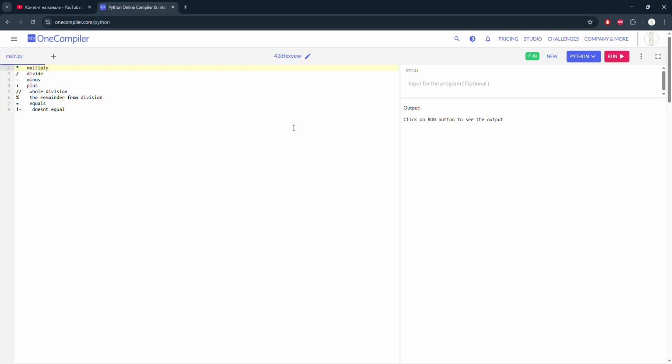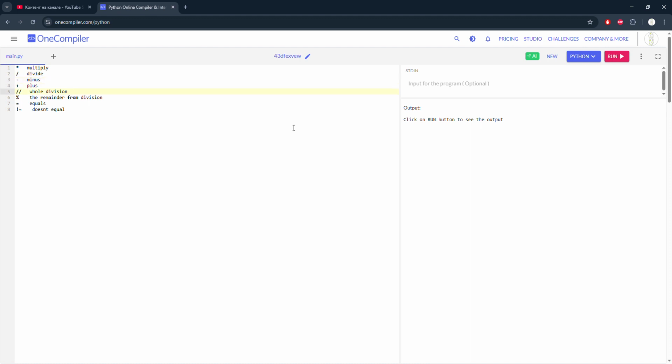So right here I wrote what each sign in math means. For example, the star is multiplication. The slash is division. The minus is a minus. The plus is a plus.